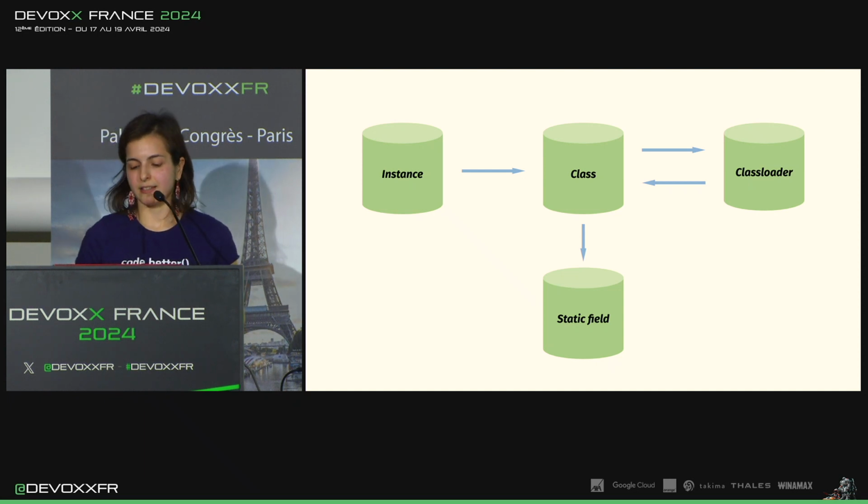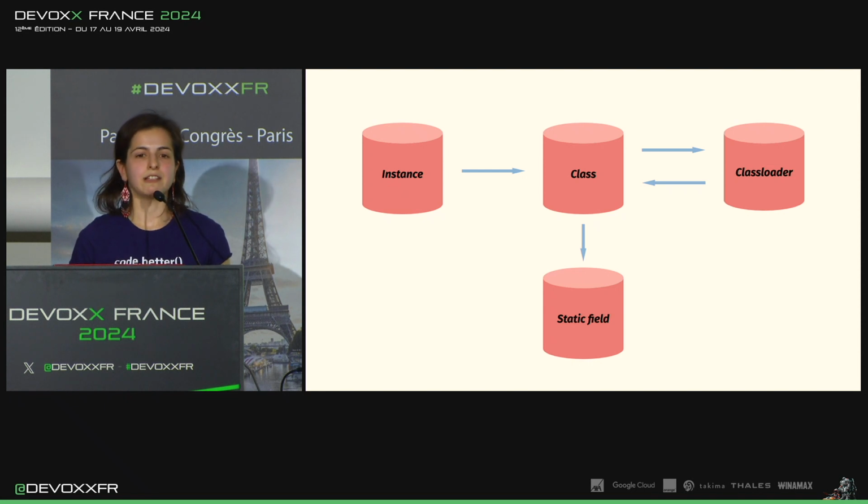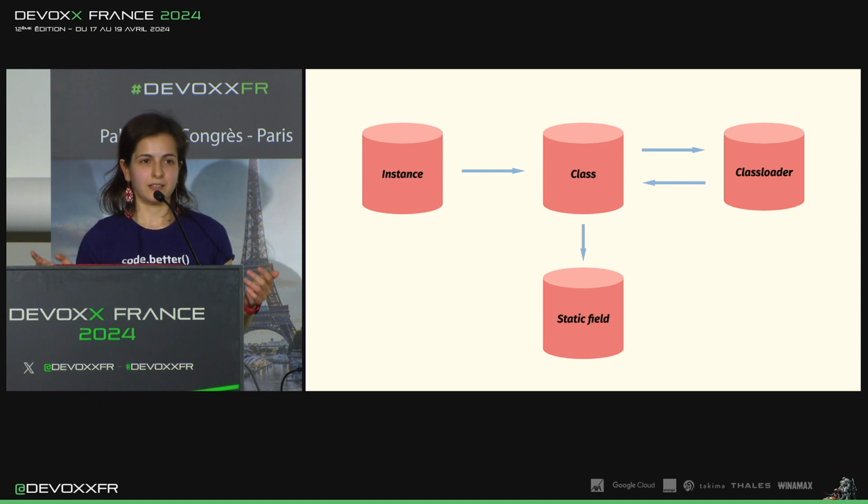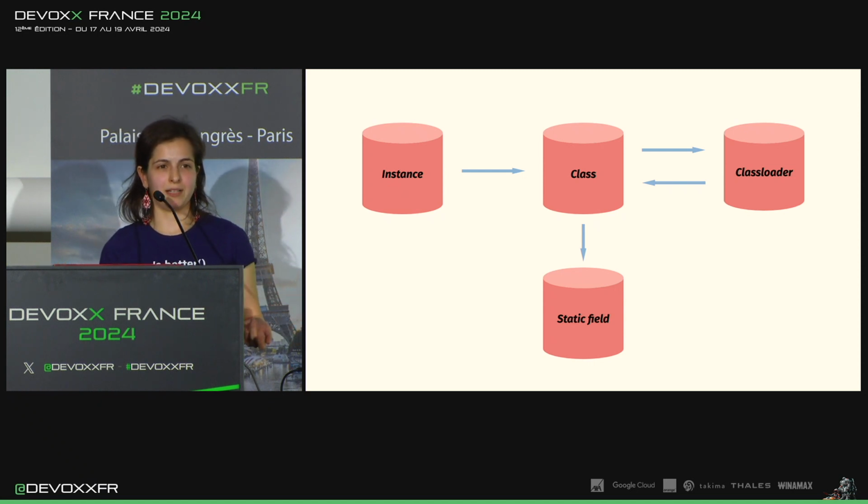Which tells us that when we want to get rid of a static field, there should be no reference to it, or there should be no class. And if we want there to be no class, it means that there are no instances and there is no class loader. And when is a class loader garbage collected? Actually, if it's not your custom class loader but the system one, it's never, or when the JVM exits.